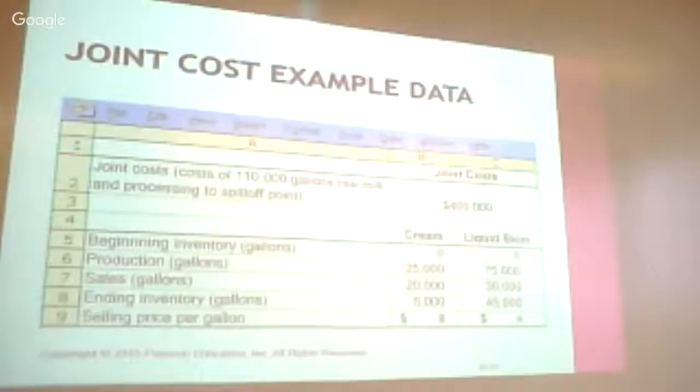Sales in gallons is 20,000 and 30,000. So that means we have 5,000 and 4,500 left. And my selling price per gallon is $8 for cream, $4 for liquid skim. At this point, it's still just all information that's given. Yes, this is all just information given.